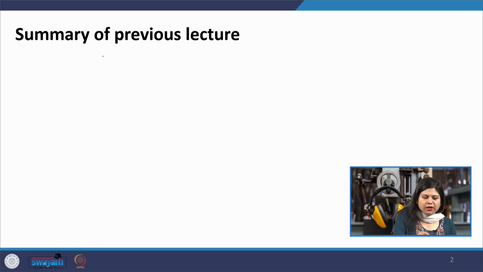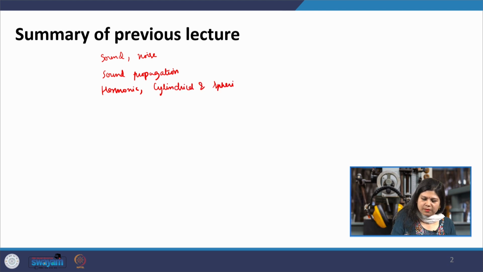So far we have learnt about the concepts such as what is sound, noise, and then sound propagation. Then we have found the solutions to sound propagation for harmonic, cylindrical and spherical waves.